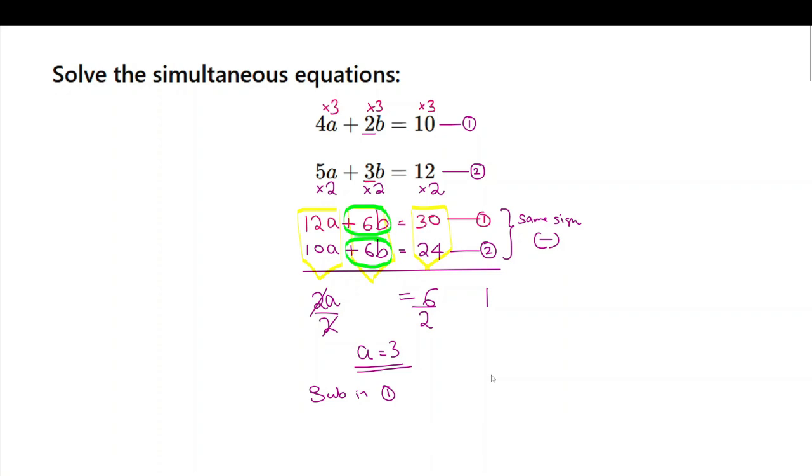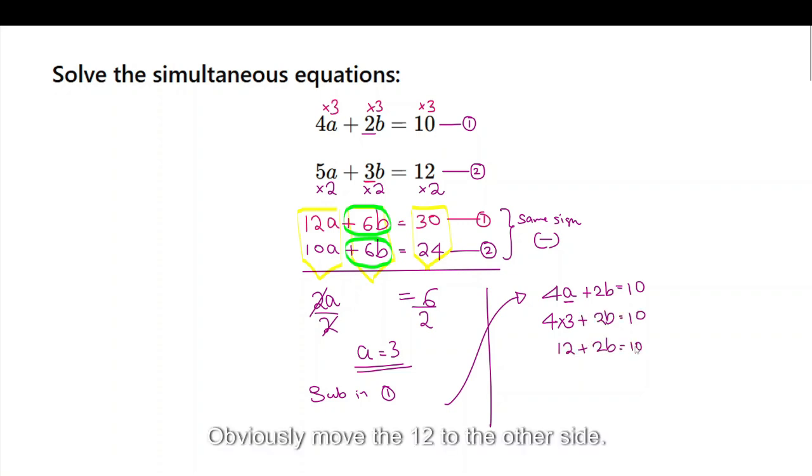4a plus 2b is equal to 10 is my original equation. But I know now a is 3. So let's put 3 here. I get 4 times 3 plus 2b is equal to 10. 4 times 3 is 12, plus 2b is equal to 10. Obviously move the 12 to the other side.